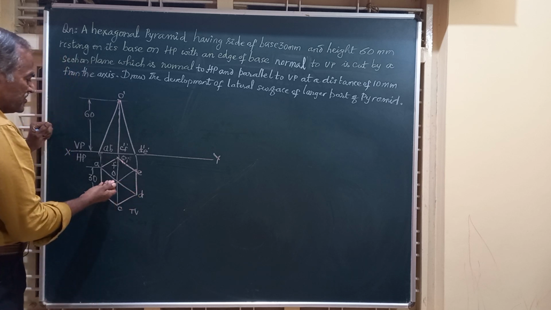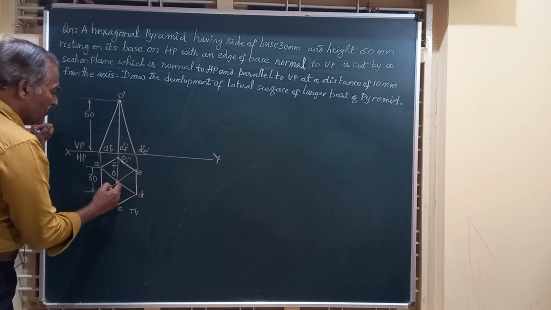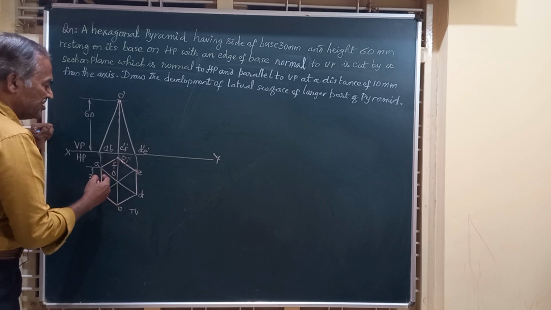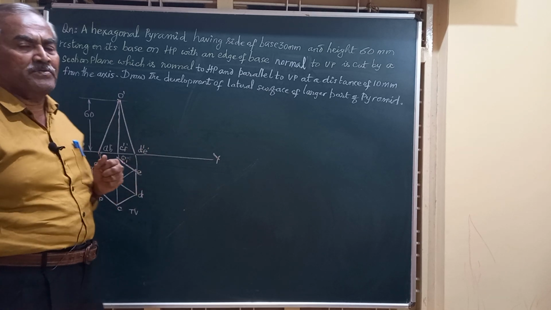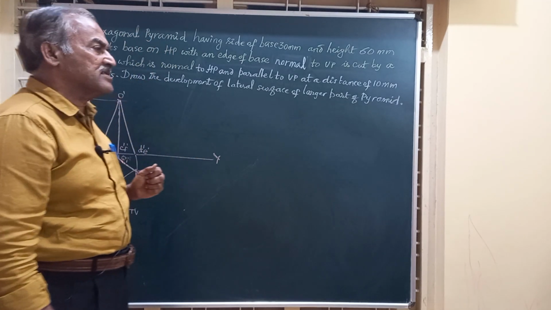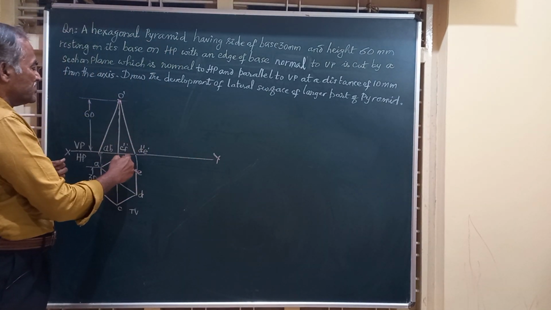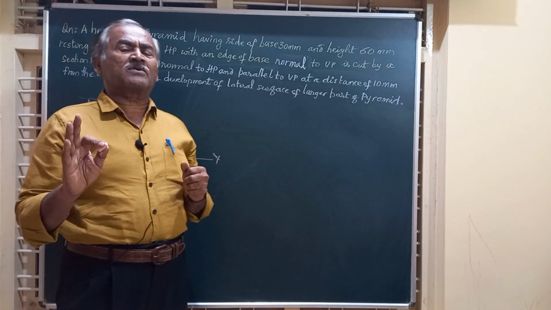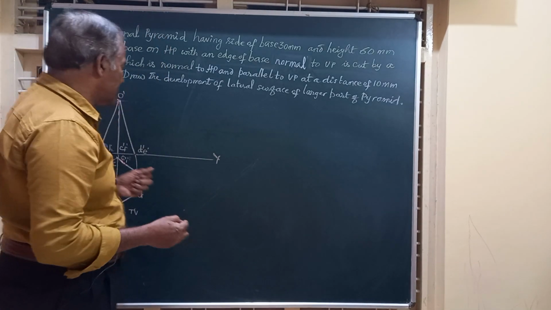Friends, if you observe the top view, none of these slant edges OA, OB, OC or any of these are parallel to VP, and hence none of the slant edges OA to OF give you the true length of the slant edge. So what is to be done in such cases?